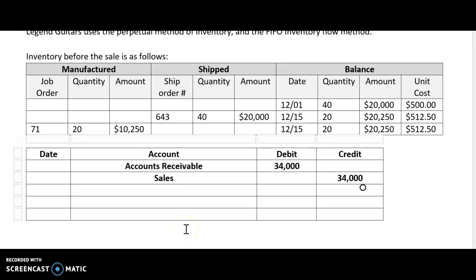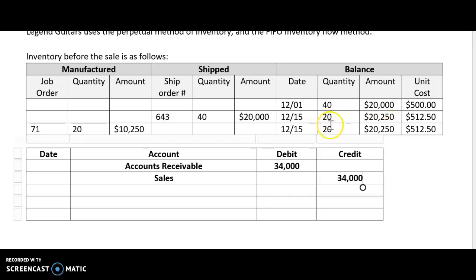If I look at my inventory list, I see that I had 40 from a previous period, and those 40 cost $500 each. So when I go to sell these, I'm going to take these out of my inventory and put them in cost of goods sold so that they can match that expense in the same period.